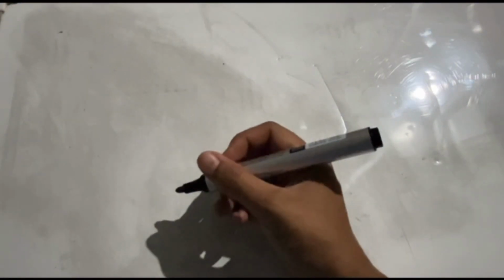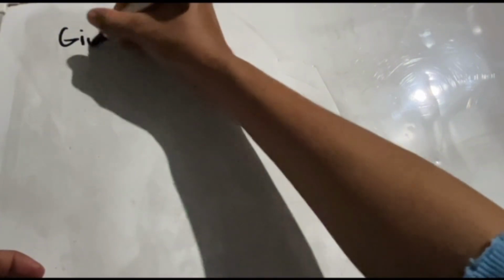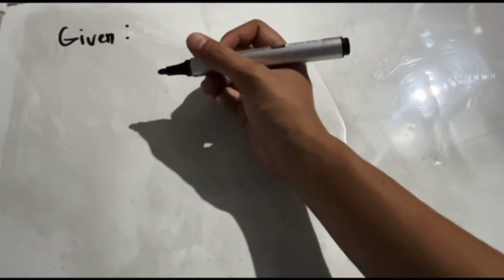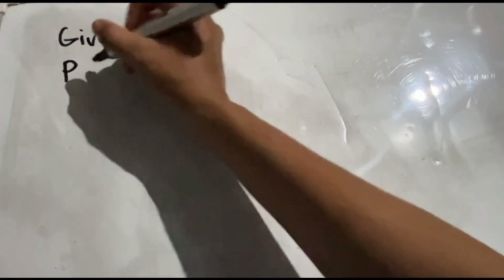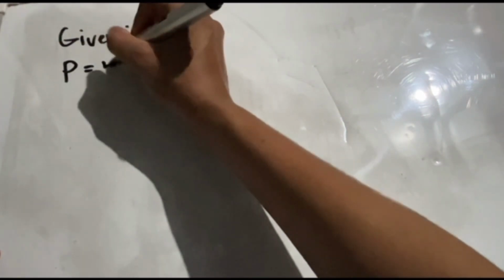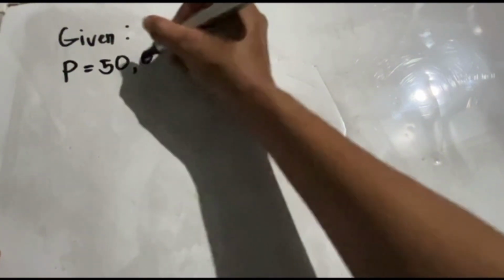Let us first use the GRS method. G for given, R for required, and S for solution. So, for the given, the investment means principal, which equals 50,000.